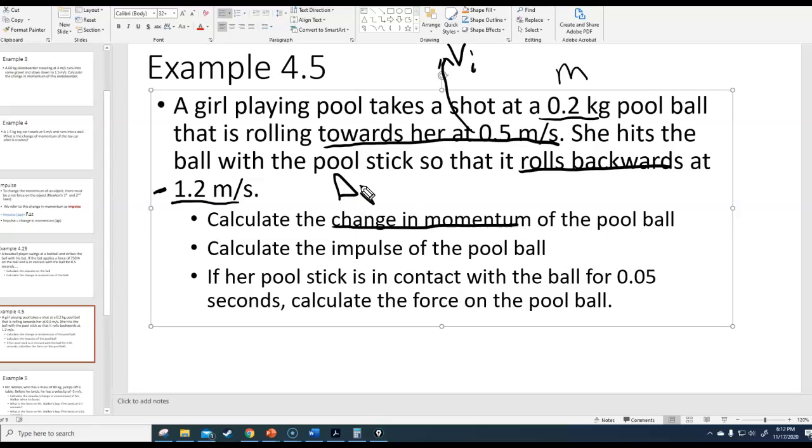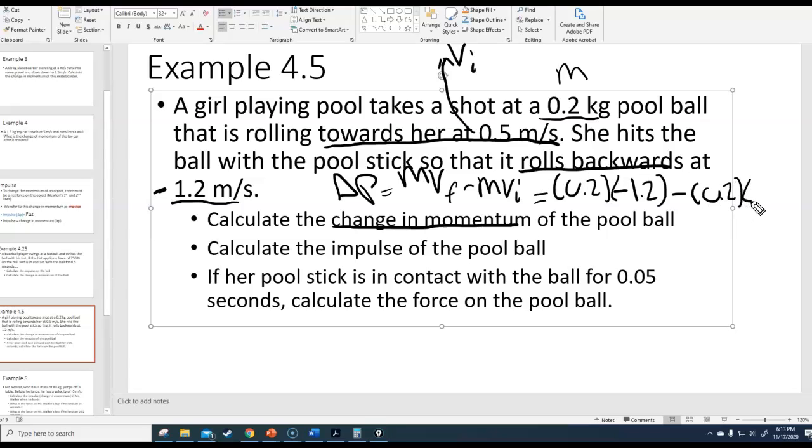So change in momentum is just mv final minus mv initial. And so that would be the mass, which is 0.2, times the final velocity of negative 1.2 meters per second. And then I'm going to do minus the mass times v initial. So minus 0.2 times 0.5. And so I'm going to find delta P, the change in momentum.